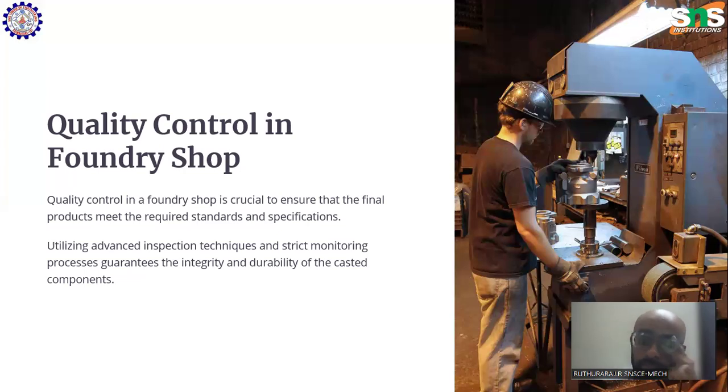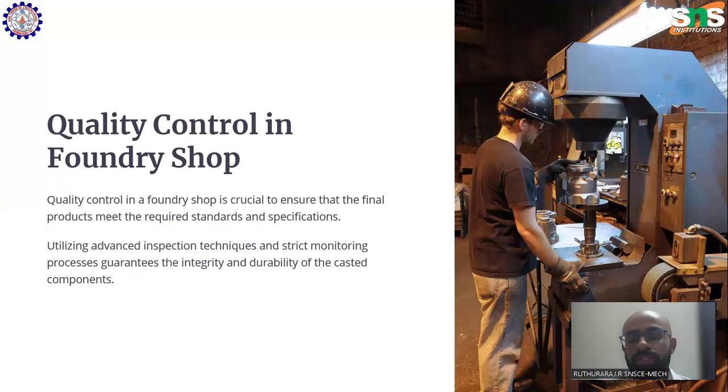If the pattern is not removed properly, some edges may be deformed, and those deformed edges may lead to a misrun. Similarly, sand grains may get trapped inside the molten metal during the solidification process. They may lead to sand inclusion inside the casting.